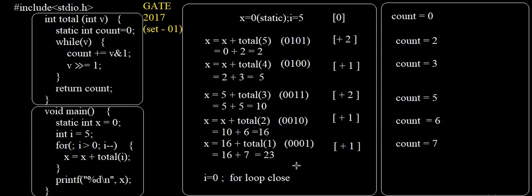And when I becomes 0, 0 is greater than 0 is false, you will arrive to execute this statement, and x becomes 23.